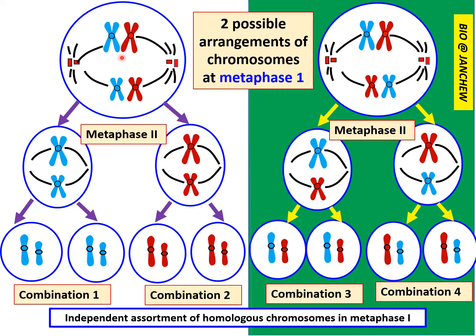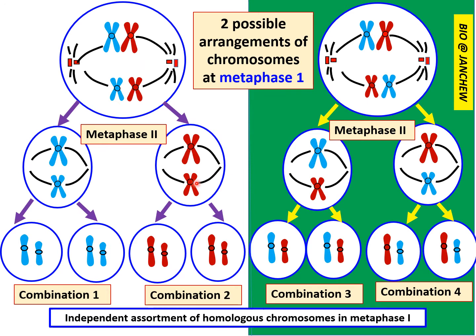In the first possible case, the maternal chromosomes, long maternal chromosome and short maternal chromosome, may face the same pole, and the 2 paternal chromosomes may face the other pole. Okay, so in anaphase 1, the homologous chromosomes will separate from each other and move to opposite poles. So these 2 chromosomes will be found together in the same daughter cell after meiosis 1. And the paternal chromosomes will be together in the same cell after meiosis 1.